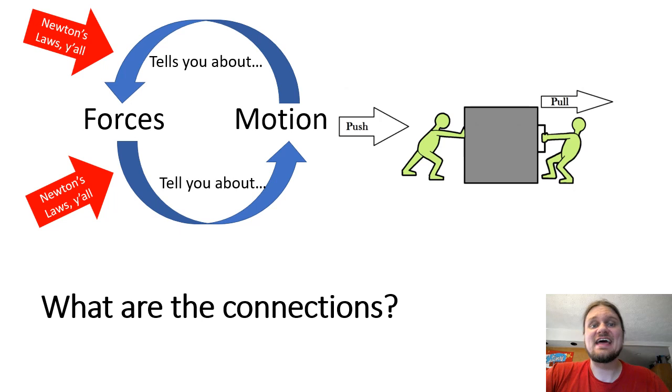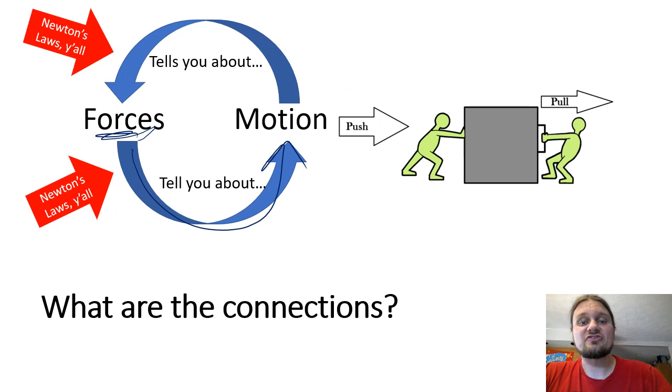They tell us these connections between forces and motions, and not only do they tell us what these connections are, but we can use the laws to get much more specific information. If we know stuff about the forces, then we can use that information to get all kinds of stuff about the motion. And the same goes in reverse. If we know stuff about the motion, we can use Newton's laws to give us all kinds of specific stuff about what's going on with the forces.